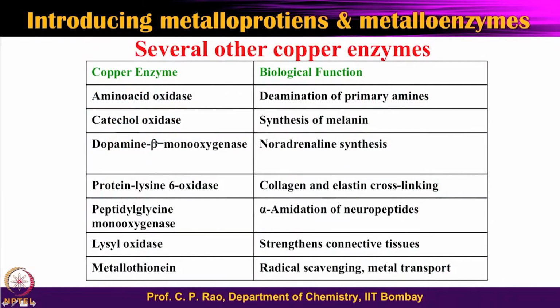So, many different kinds of things. Here we see a few additional kinds: amino acid oxidase, catechol oxidase, dopamine monooxygenase, lysine oxidase, peptidyl glycine monooxygenase, lysyl oxidase, metallothionein. So, a variety of these things are there in the copper enzymes. It is going to be a very huge story, and we need to try to understand one by one its properties, etc.